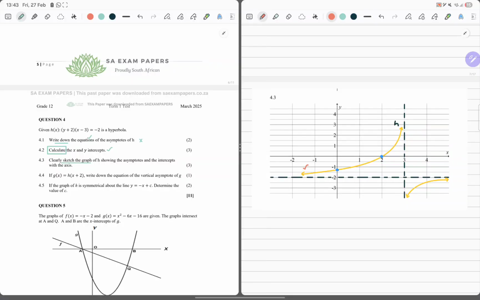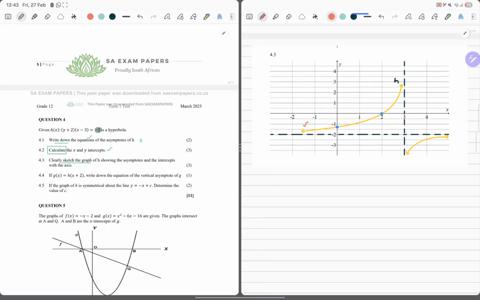I mean, we know that when A is negative, which is this value over here, the graph is going to be in the second and fourth quadrants. But because of the asymptotes shifting, this will be shifted to the right and down. Easy.